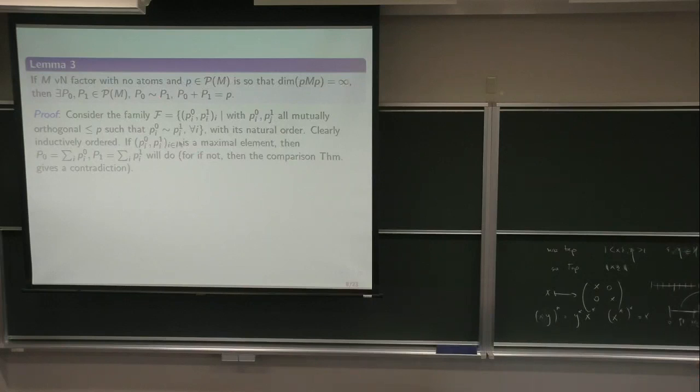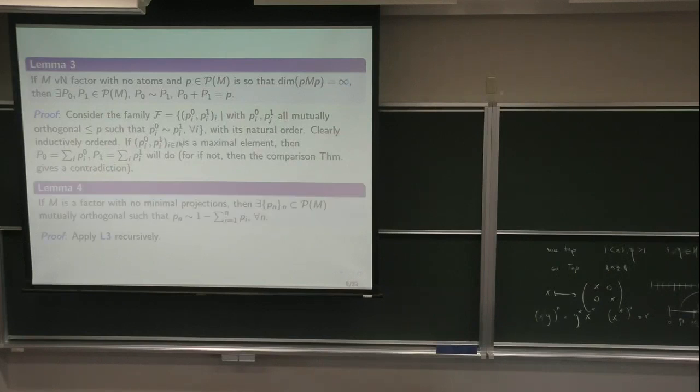With respect to inclusion, this is inductively ordered, so you take a maximal element. If it sums up to P, you have the result. But if it doesn't, since you have no atoms, this dimension is infinite, so you can again find two equivalent projections under the remainder, and you contradict the maximality.